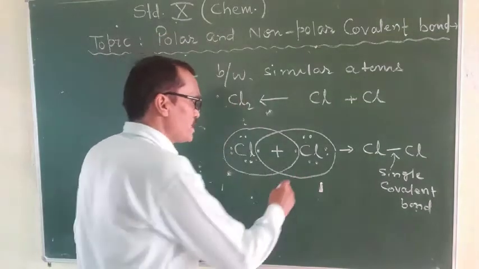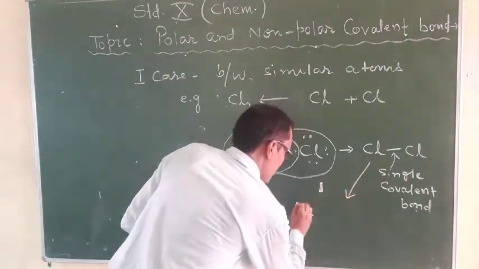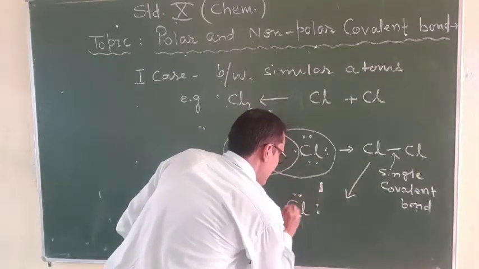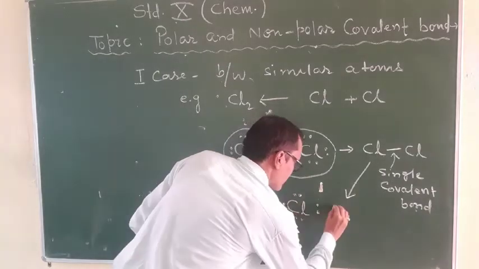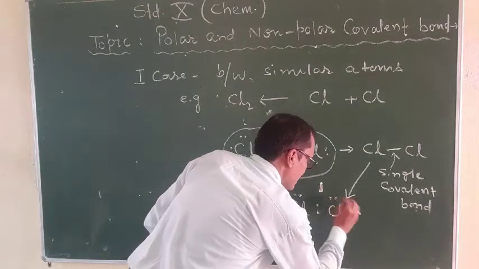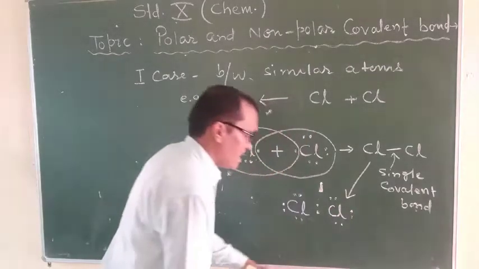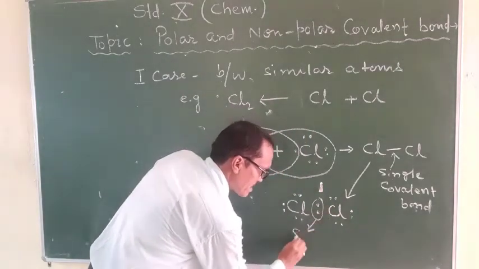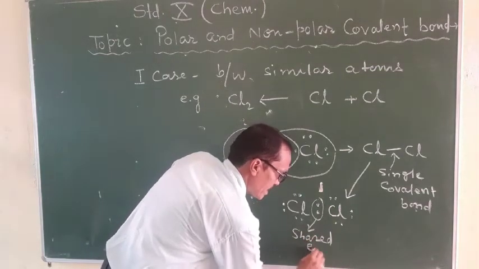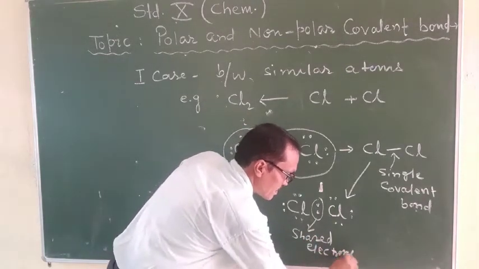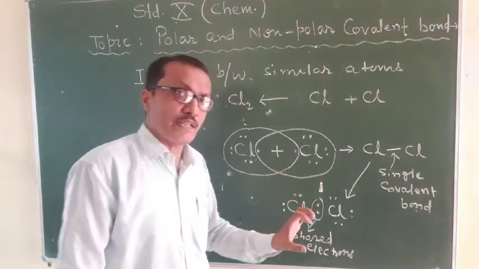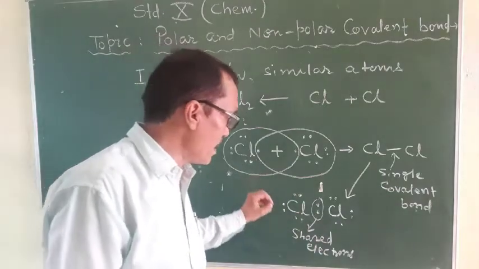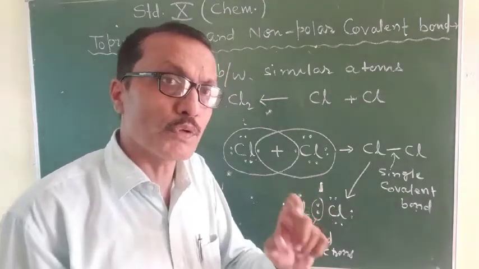Exactly lie, which I can show you like this. You can see, this is the shared electron. In case of similar atoms, these shared electrons exactly lie in the center of both atoms.